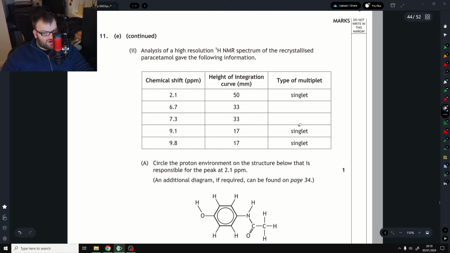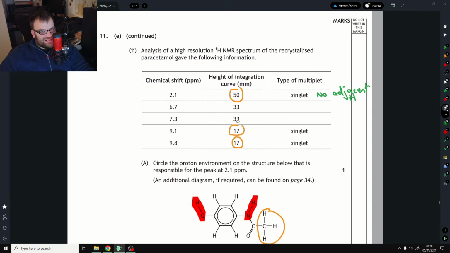Next, we're asked about our high resolution NMR. Here we're asked about the 2.1 shift, which is a singlet. There are no hydrogens on adjacent carbons. That gives us 3 possible environments that would give rise to a singlet. The one that I've circled in orange, the methyl group, would have a higher height because there are more hydrogens in that environment, whereas the other two would correspond nicely with the OH and the NH.